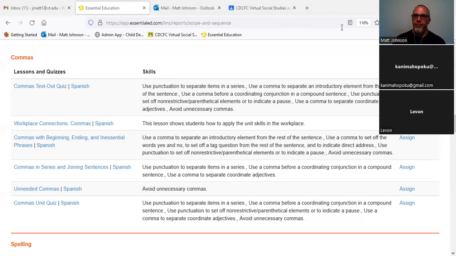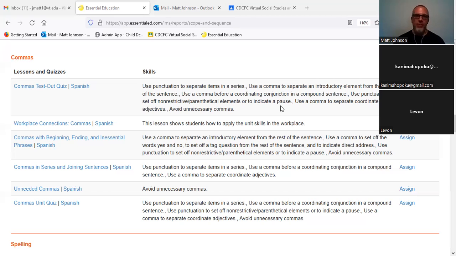So, particularly if you're directing your sentence at an individual, Billy, comma, are you going to the movies? Something like that. It's particularly when you're asking a question directed at somebody. And to indicate direct address, punctuation is used to set off non-restrictive parenthetical elements or to indicate a pause, right? That's the last idea there, indicating a pause. Every other scenario here is really separating your sentence into meaningful units.